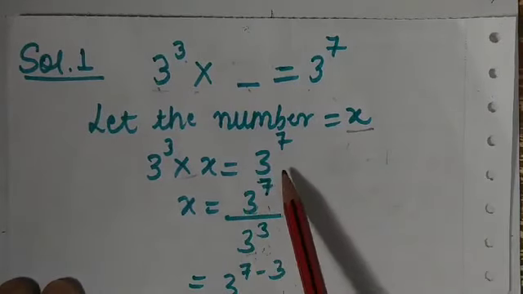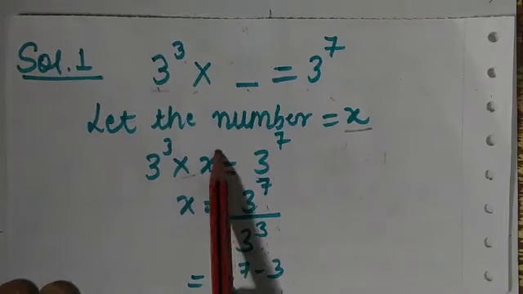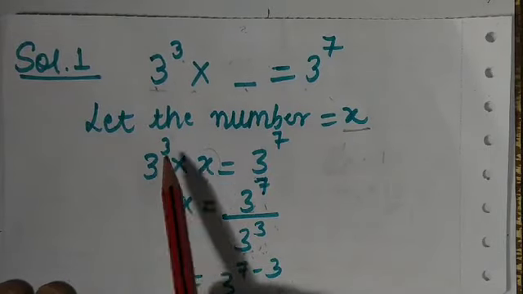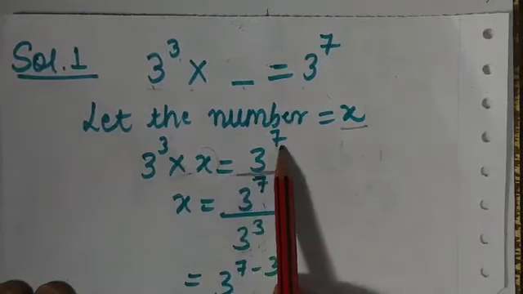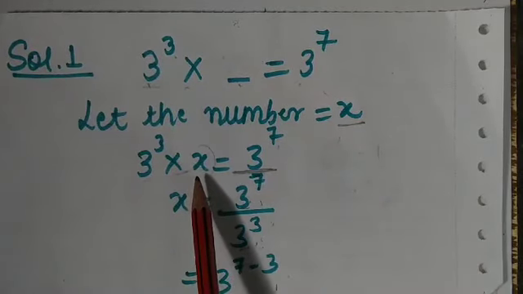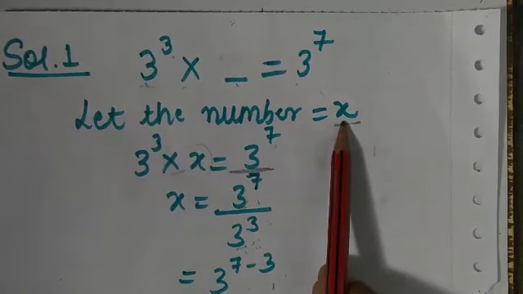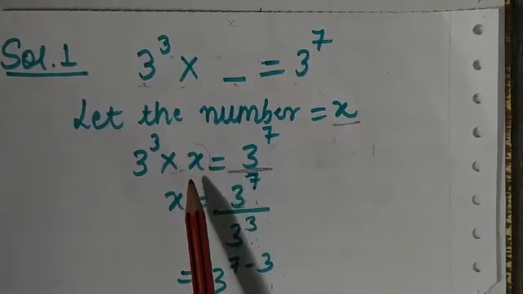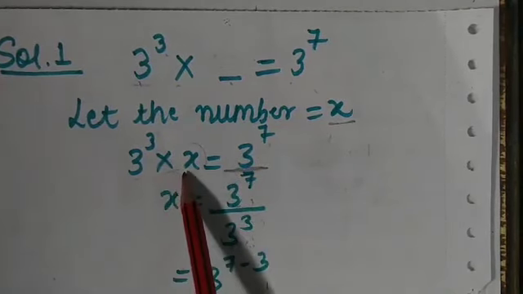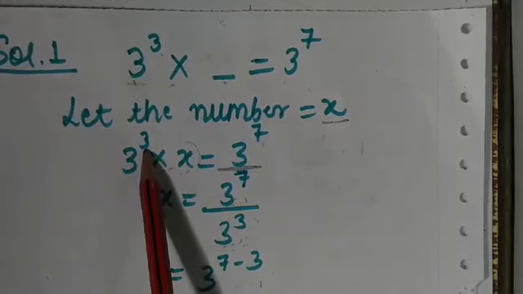Now we will apply the condition that is given in the question. It means x multiplied with 3 raised to the power 3 gives 3 raised to the power 7. Now I have to find the number, which I have supposed as x. Here, x and 3 raised to the power 3 are in multiplication.